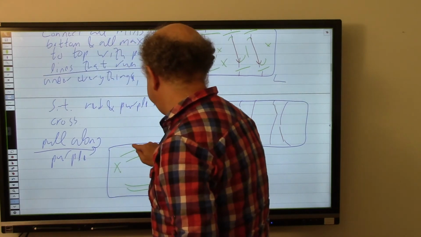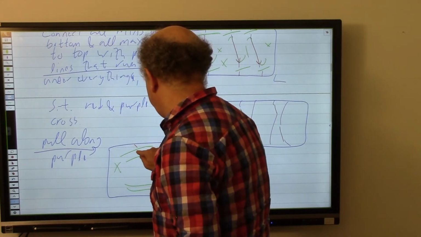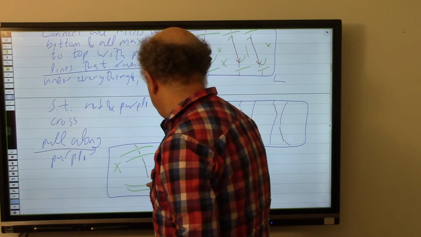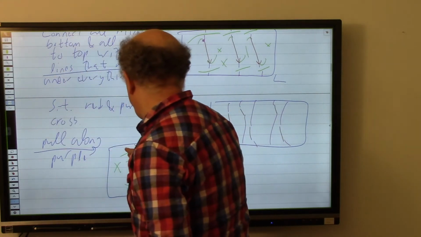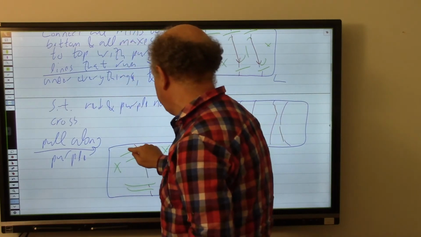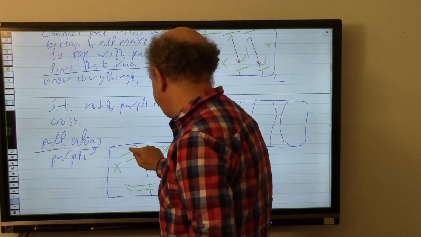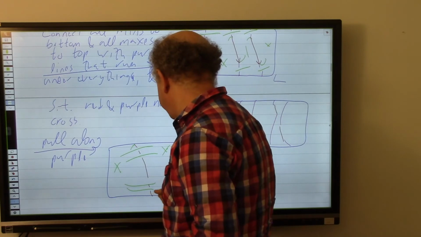Now the red stuff goes all the way from the top to the bottom, and the green stuff that connected to it that I pulled up goes like this.